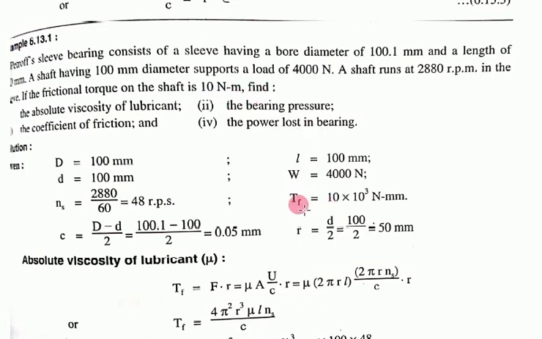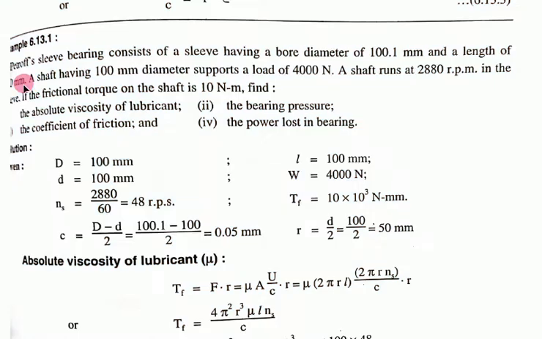Here the frictional torque is given as 10 Newton meter, so we have to convert it into mm. Then we find the radial clearance, capital R minus small r, which we can also write as capital D minus small d by 2. Here capital D is 100.1, the bore diameter, and 100 mm is the shaft diameter.